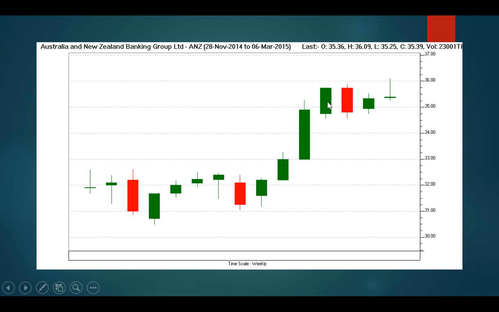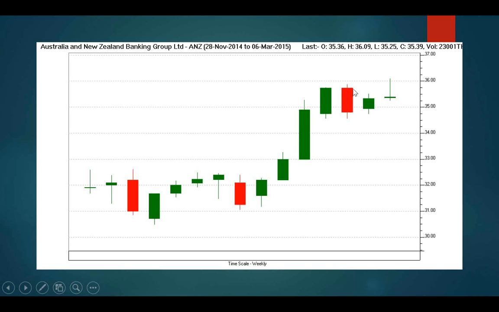Now, there's a certain similarity between this candle and this one. Well, certain similarity in size. You'll notice that wick is not quite as big, but this one, we know that the opening price was here and the closing price was up here. We know that because this body, in fact the whole candle, has gone green.